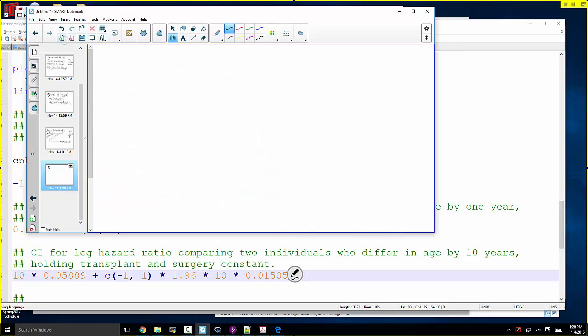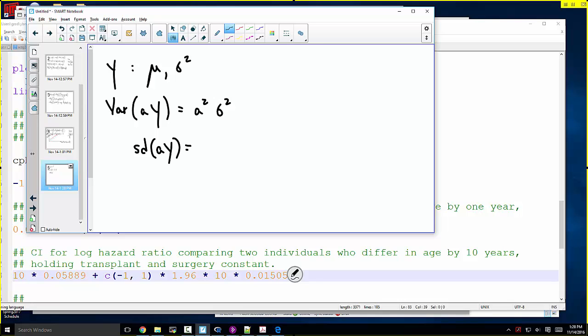If we have a random variable Y with mean mu and variance sigma squared, the variance of a constant times Y is a squared sigma squared. So the SD of aY would just be a times the SD of Y. This is then a 95% confidence interval for the log hazard ratio comparing two individuals who differ in age by 10 years, holding everything else constant.